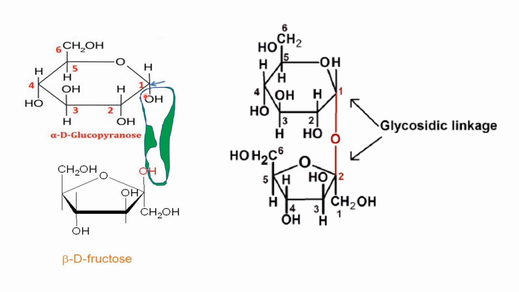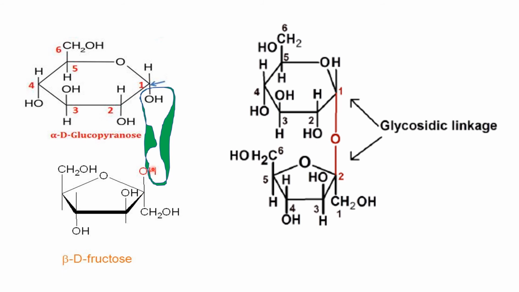Now, this OH of alpha D glucopyranose combines with the H of beta D fructofuranose. See, the anomeric carbon atom has an OH group.